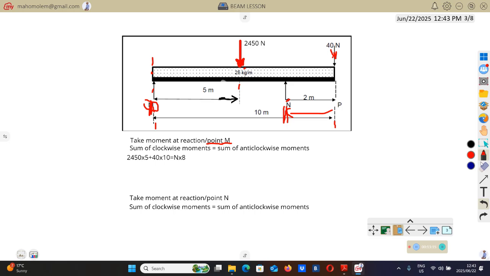Then from there you make N the subject of the formula.